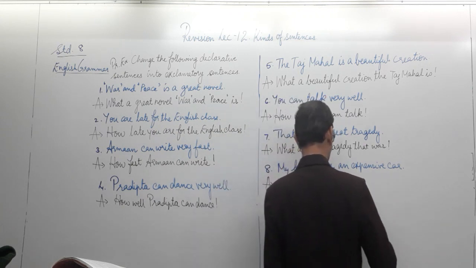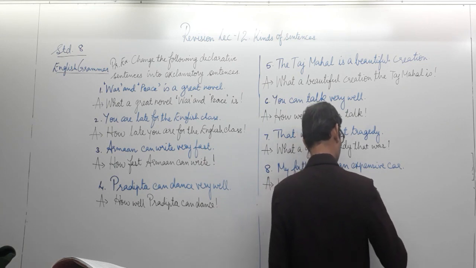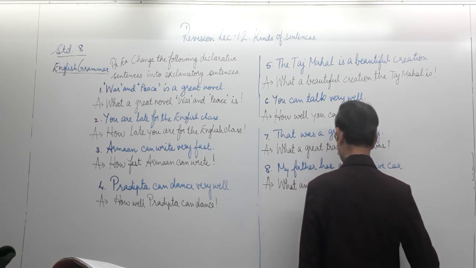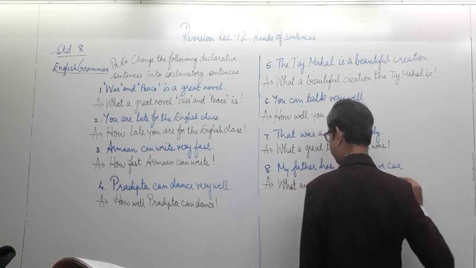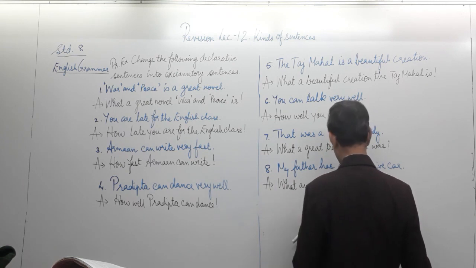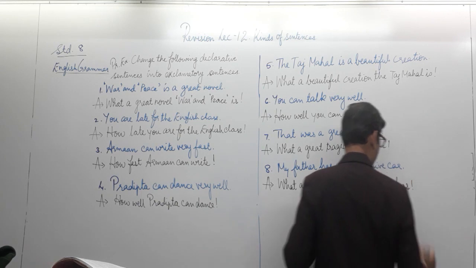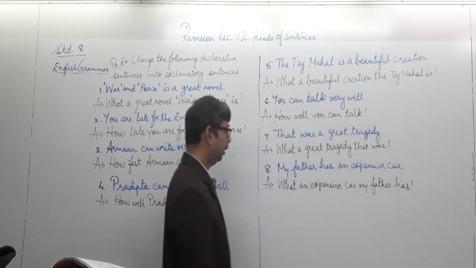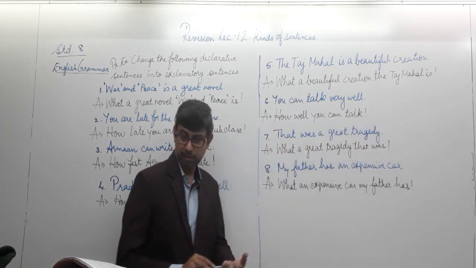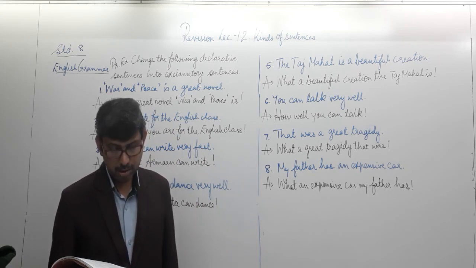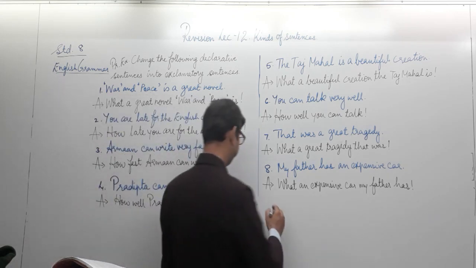What an expensive car my father has. Expressing strong feeling of surprise over here. What an expensive car my father, and finally writing the word has before the exclamation mark, which is very important to put over there.